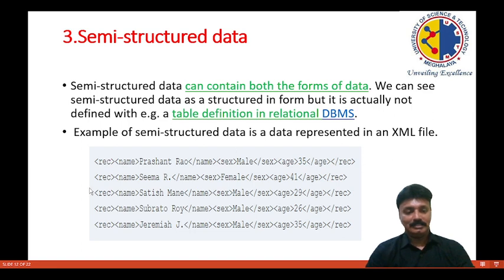Records can be maintained in this form of XML file. The five people's names and information are displayed here using the XML file, which is said to be semi-structured data.